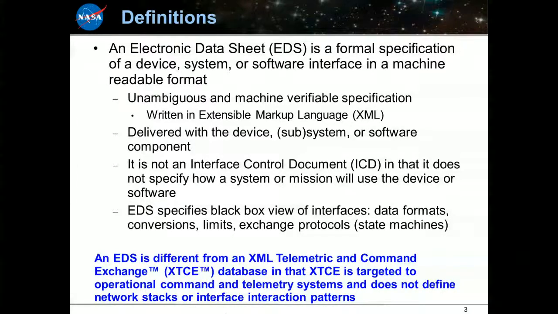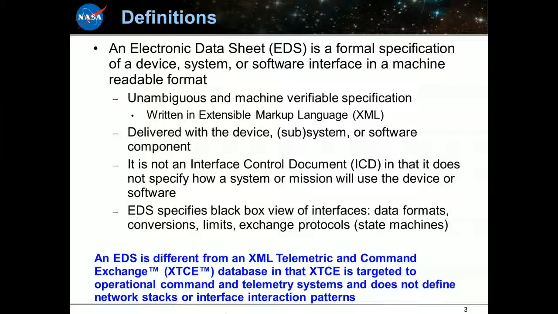It also supports state machines. So, a key difference, because this has come up before, between an EDS and XTCE is that an EDS is targeted towards individual components and software items, and it also contains state machine interaction patterns, which XTCE does not. XTCE is written for ground systems.